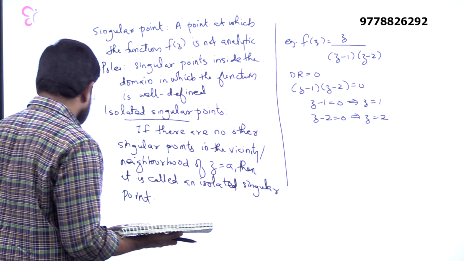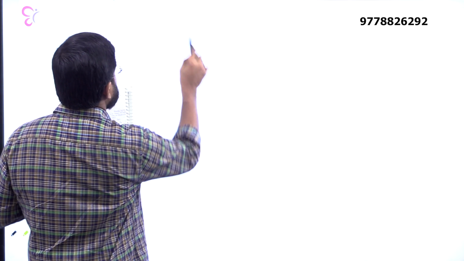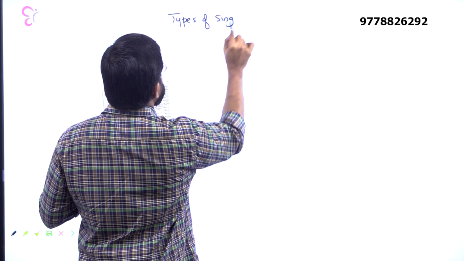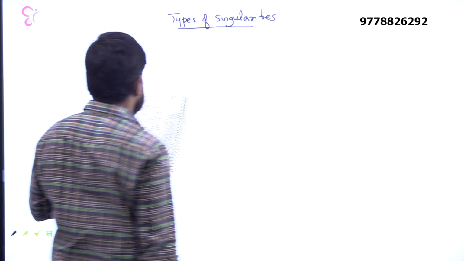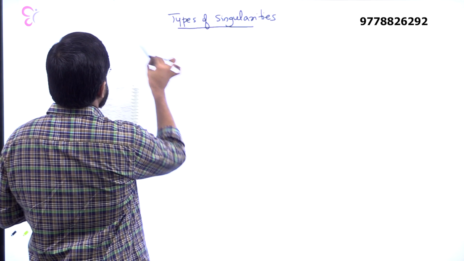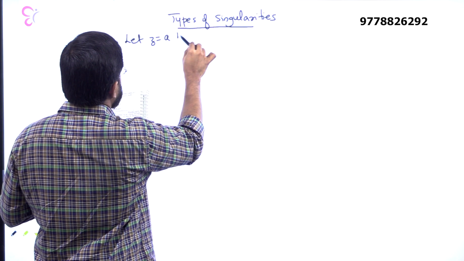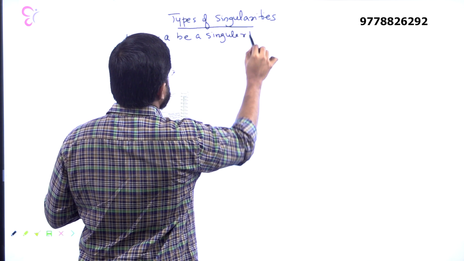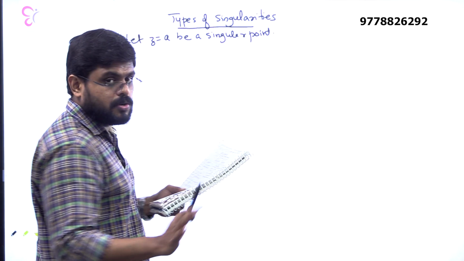Clear? When you study singular points and singularities, there are different types of singularities. Here I consider z is equal to a to be a singular point, and let it be an isolated one also.